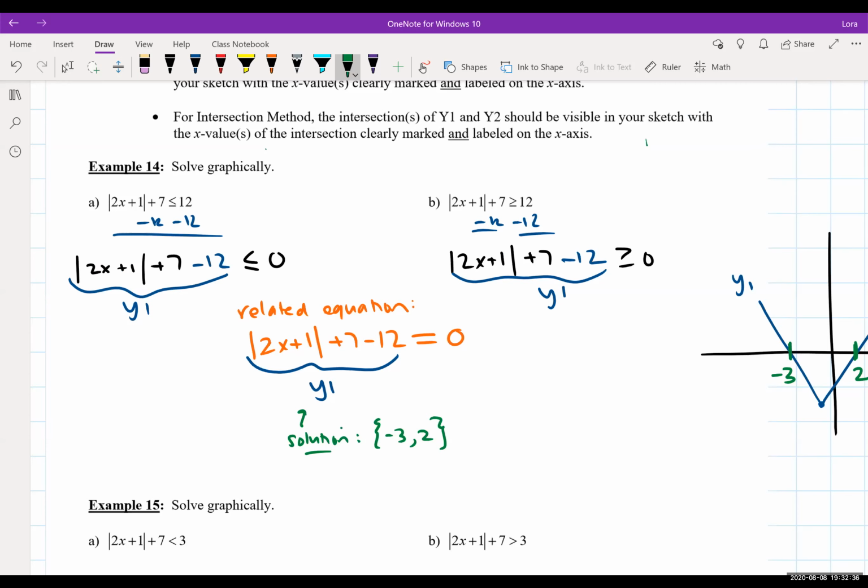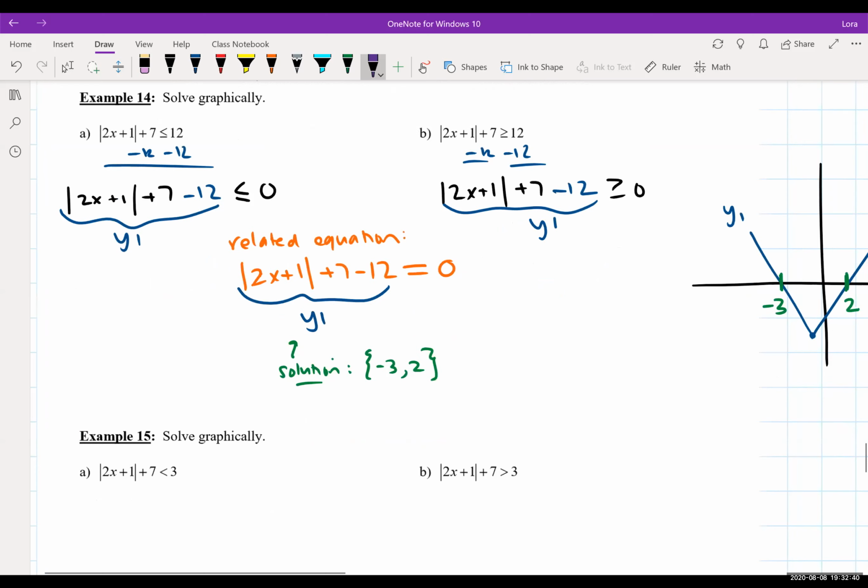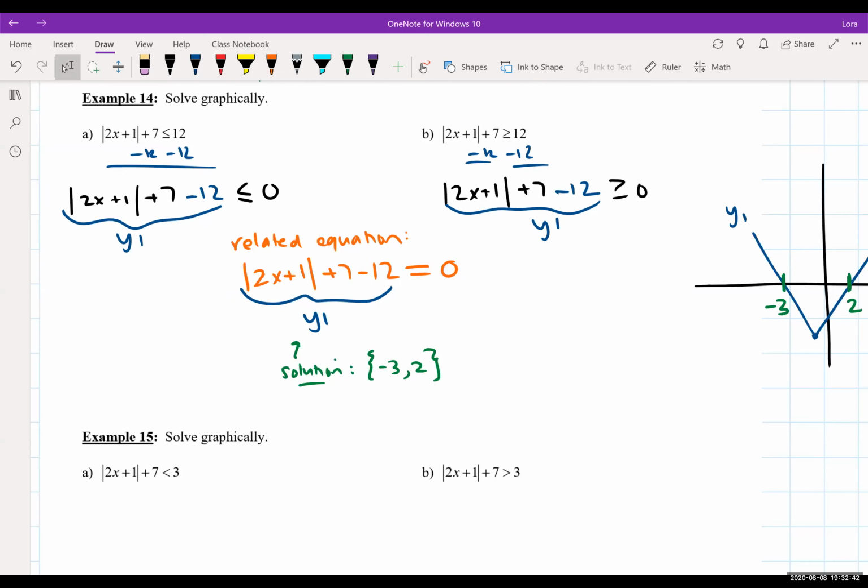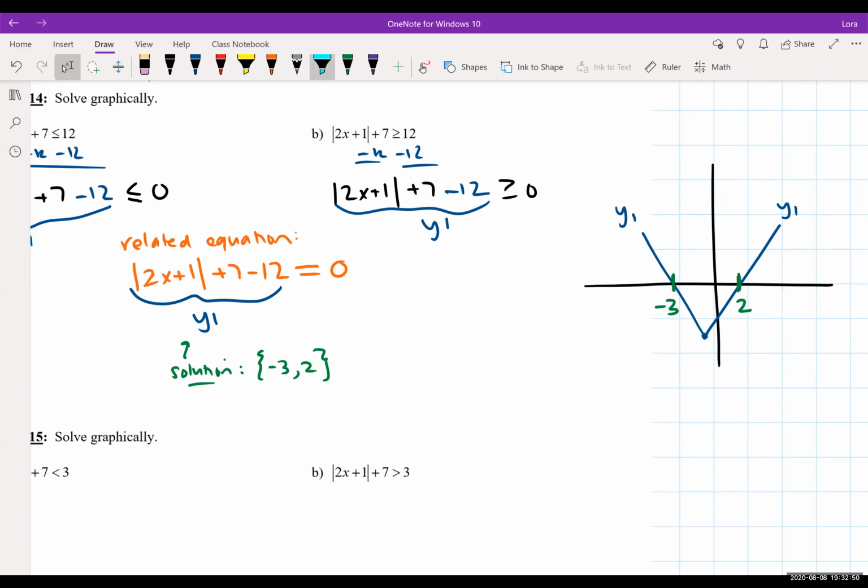There we go. We are looking for where y1 is less than 0. What I'm trying to understand is my boundary points, -3 and 2, break the x-axis up into 3 different regions. And I'll alternate colors just so that we can see them.